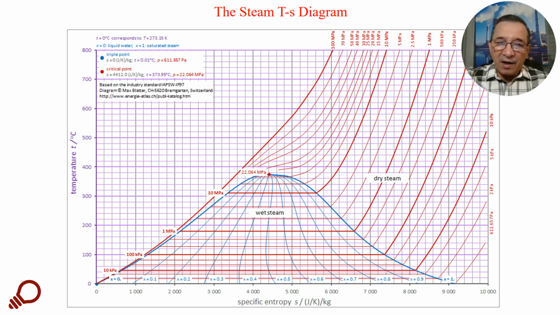It is called the critical point, where we have a critical temperature and a critical pressure. To the right-hand side of the curve, where we reach the blue line to the right-hand side, it is called saturated vapor. And to the right of this line or part of curve, we will be in a zone called dry steam. And here we have the steam is superheated steam.